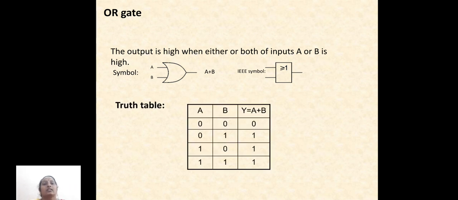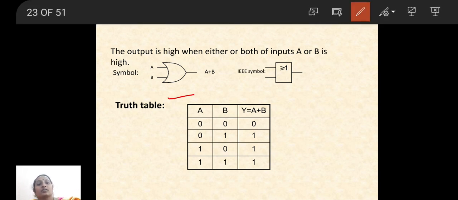Okay, see here, the truth table and the logic function of the OR gate. This is the symbol of the OR gate. Here we are considering a two input OR gate. Of course, OR gates are available with 2, 3, 4, 5 inputs up to infinity.